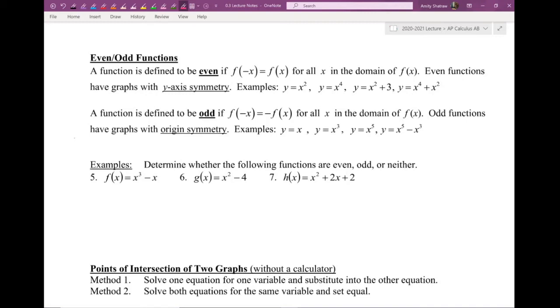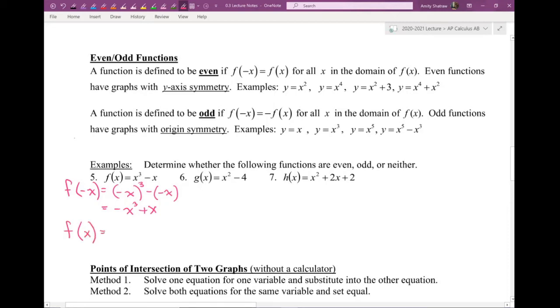So let's actually do a problem. I want to figure out what f of negative x is. And f of negative x is negative x being cubed minus a negative x. And when I work that out, what I end up with is negative x cubed plus x, which is exactly the opposite of my function. Let me double check the opposite of my function.